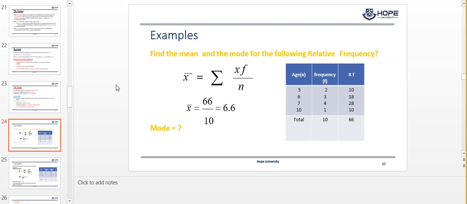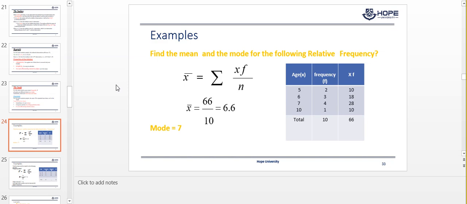Example: find the mean and mode of the following relative frequency data as grouped data. As you see, we first calculate the mean, and second we find the mode. Calculating the mean with this formula, we combine the total of the sample frequencies.